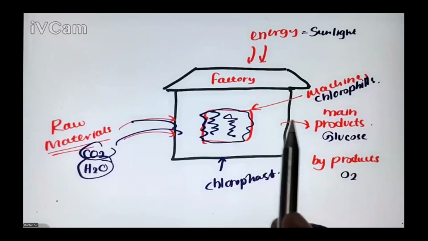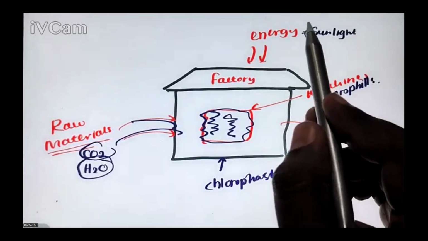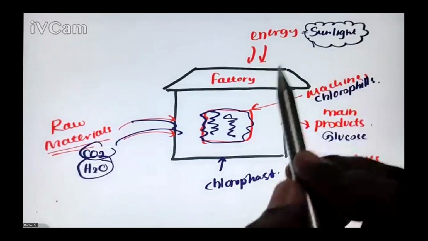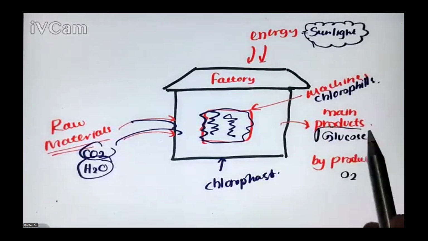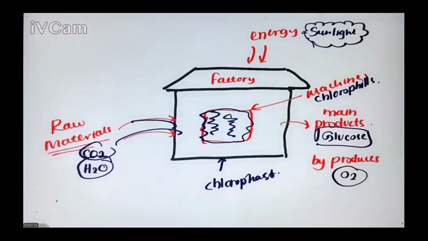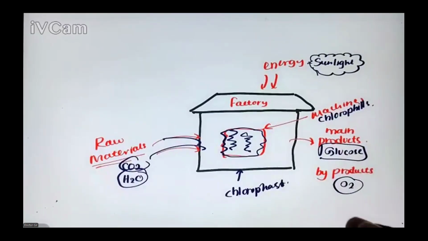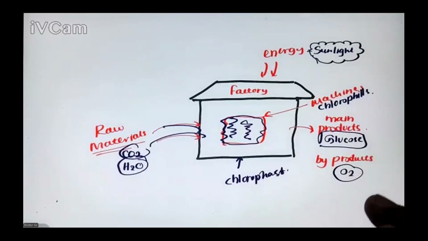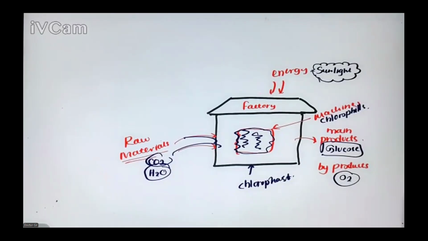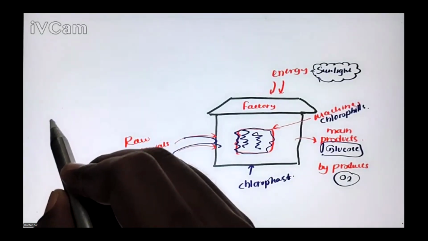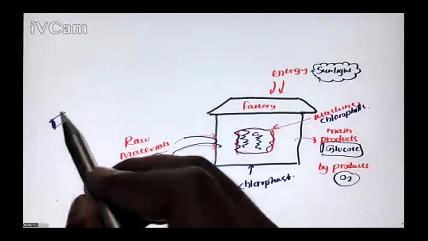To operate the machines it needs energy, which will be taken from the sunlight. Then the main product is glucose and O2. So these are the things happening in our plant cells, which do the photosynthesis.